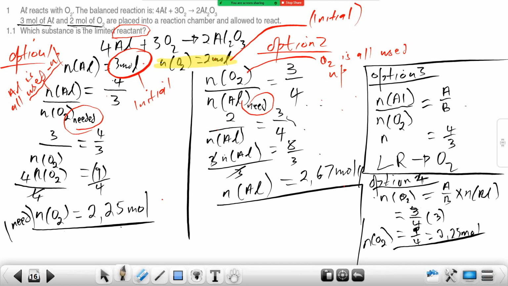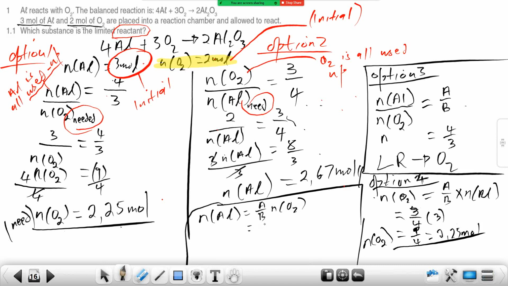Then N of aluminium, the number of moles of aluminium. N of aluminium is equal to A over B, multiplied by the number of moles of oxygen.